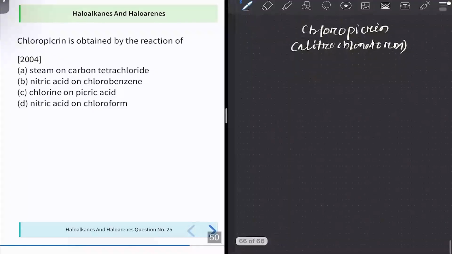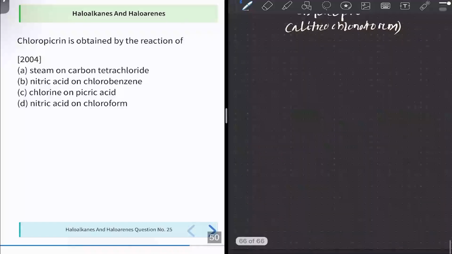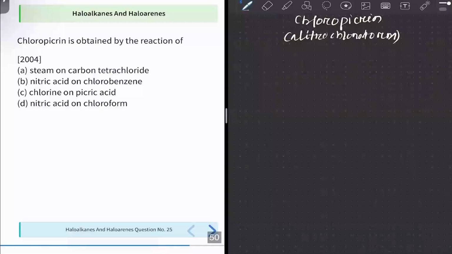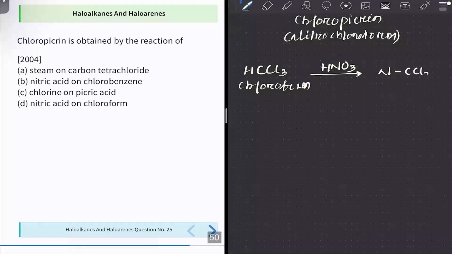So what will be the reaction to obtain this chloropicrin? The reaction is HCCl3, that is chloroform, reacts with HNO3 to form CCl3NO2, that is chloropicrin.